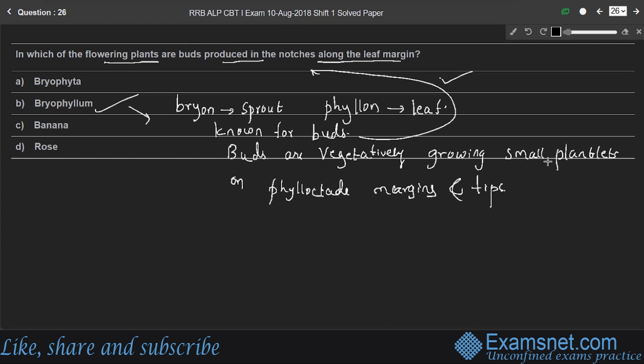So phylloclade means it is the aerial modification of stem having several nodes and internodes, and it is modified into flat, fleshy, and green leaf-like structure, right?